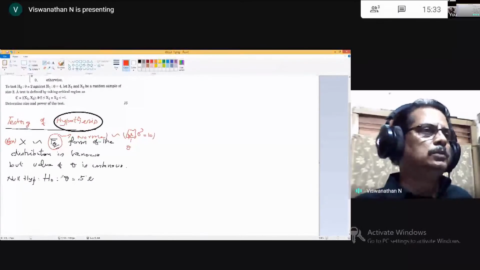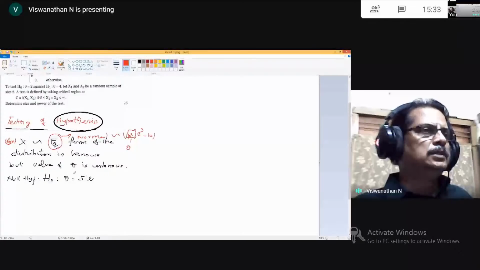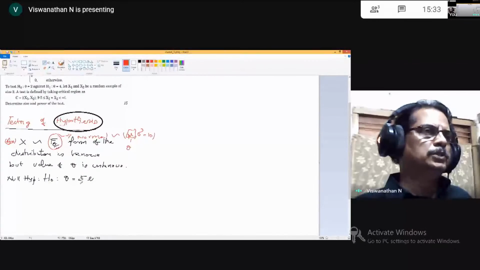So I want to test whether the mean of the population is equal to 52 years. This test of 52 may arise due to various reasons, depending upon the situation.